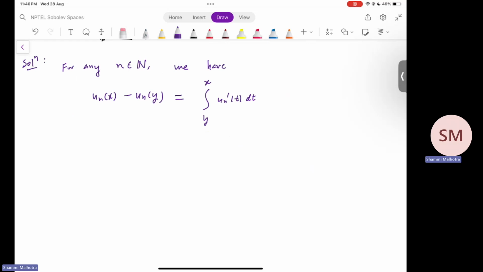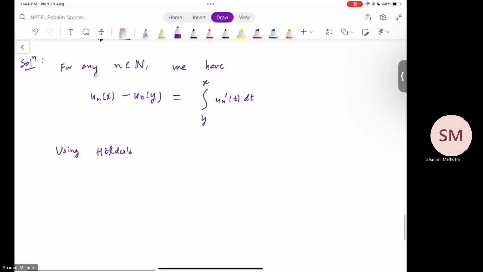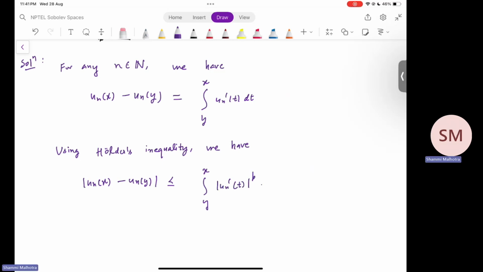So how do we go about it? We use the Hölder inequality. We have |u_n(x) minus u_n(y)| is less than or equal to the integral from y to x of |u_n'(t)|^p dt, whole to the power 1/p, times |x minus y| to the power 1/q, where 1/p plus 1/q is 1.